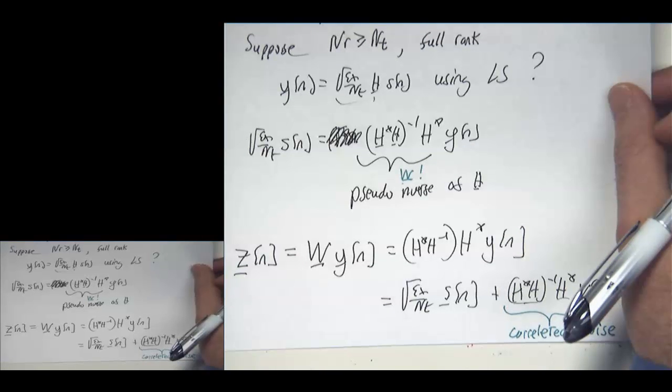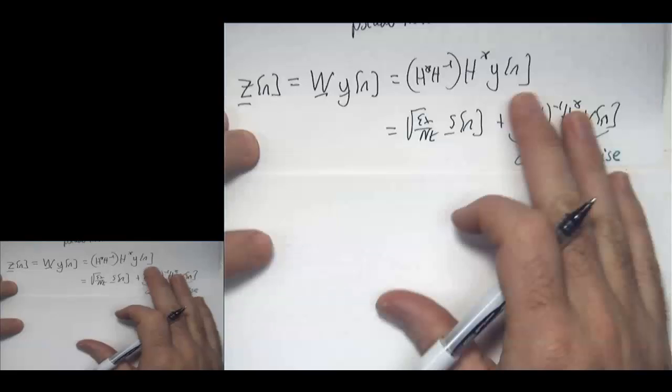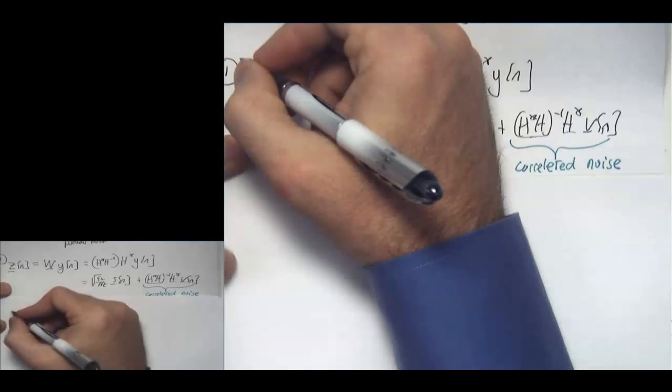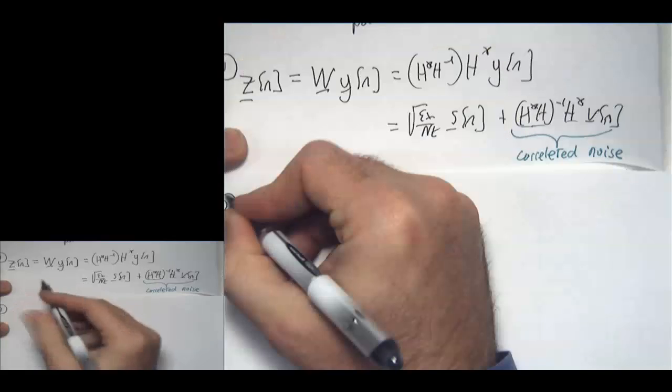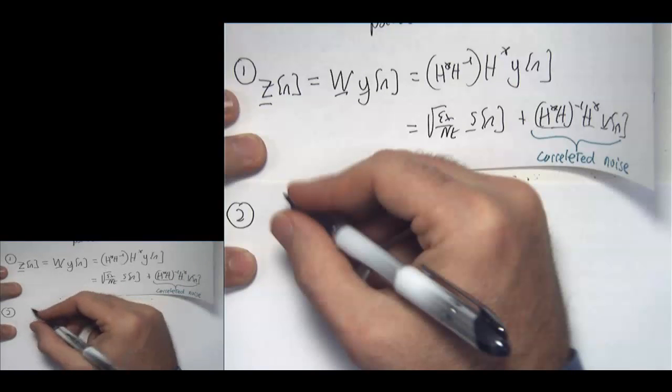Just to be totally clear, we're going to take this output, so this would be step 1. In step 2, we take the kth entry of this and pass it into a detector.